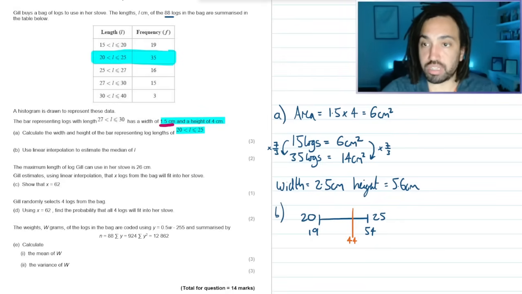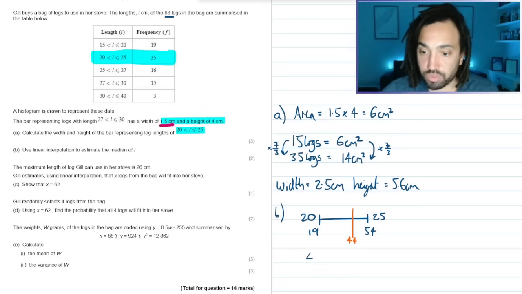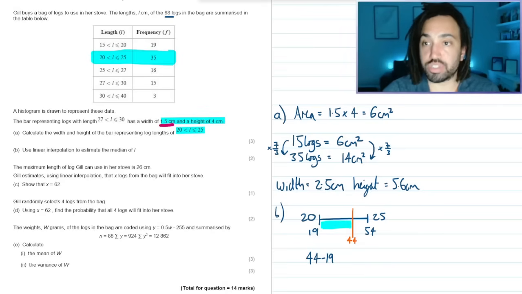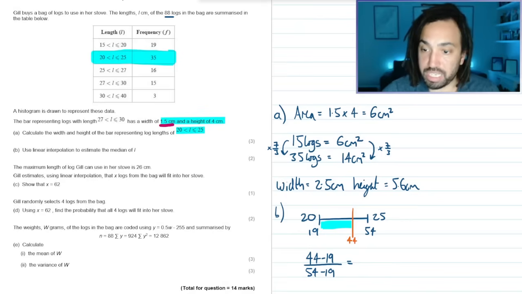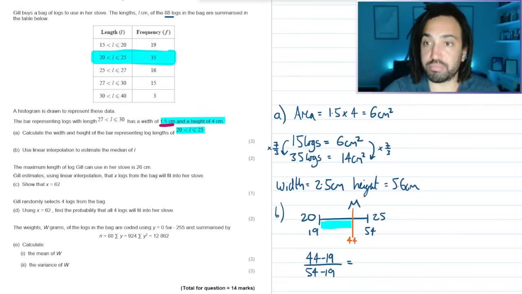So the fraction 44 minus 19, that is this sort of gap, out of the total width, which is 54 minus 19, is equal to the median, which is here.